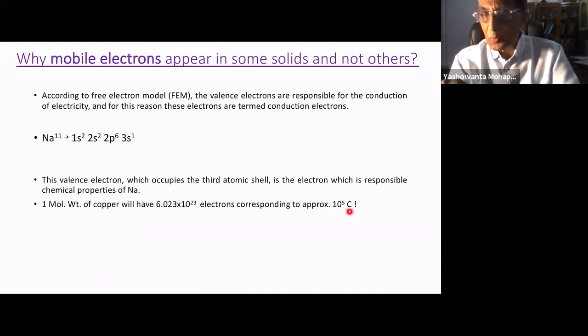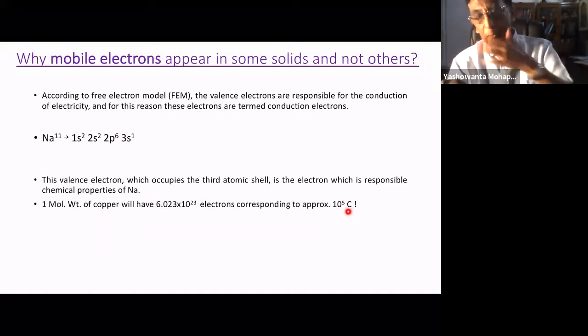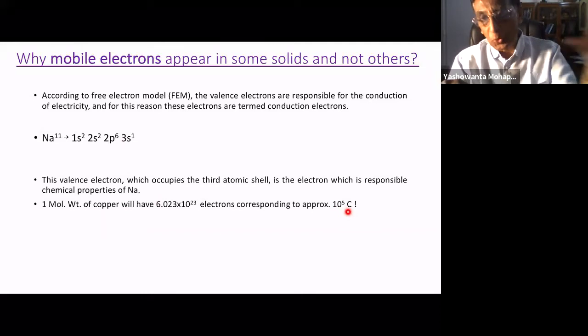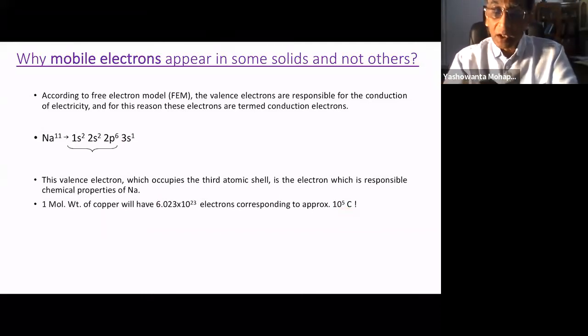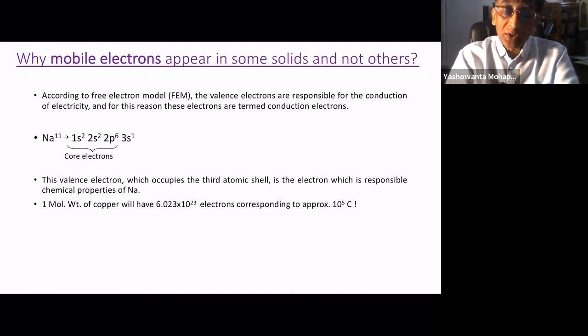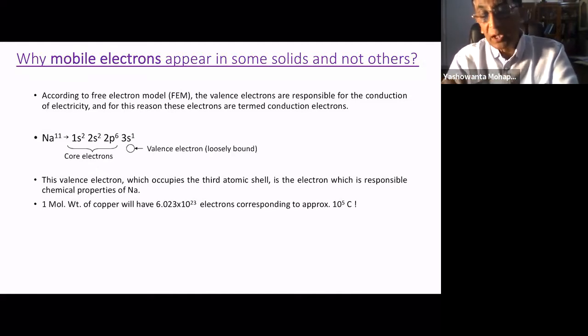Except that copper is indeed neutral, because there are as many positive charges in the cores of the atoms. But there are so many mobile electrons. So there are core electrons, and then there's the valence electron, loosely bound. That's a very rough high school idea of how a metal forms.